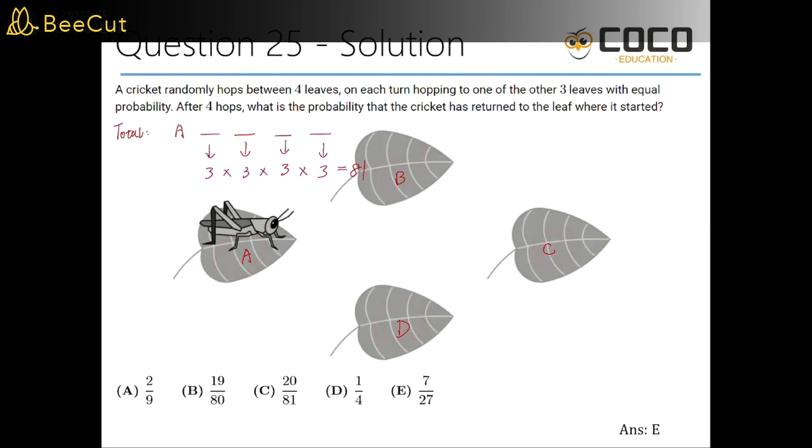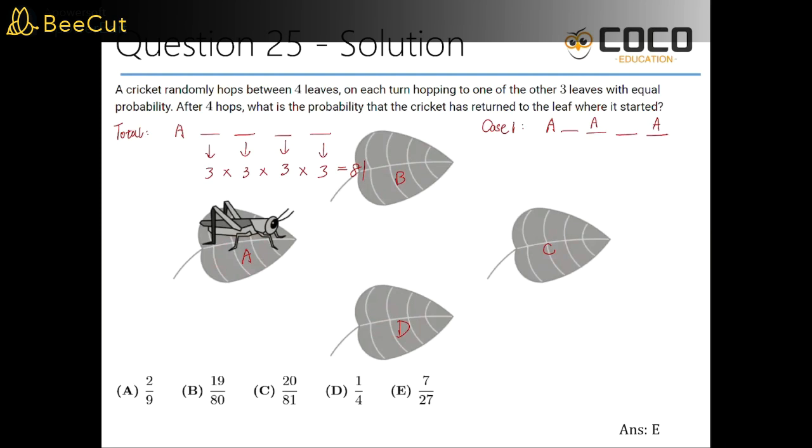And then we check for the cases where it returned to the starting position. So there will be 2 cases. Case 1 is it returned to the starting position on the second hop, then it comes back to the starting position on the fourth hop.